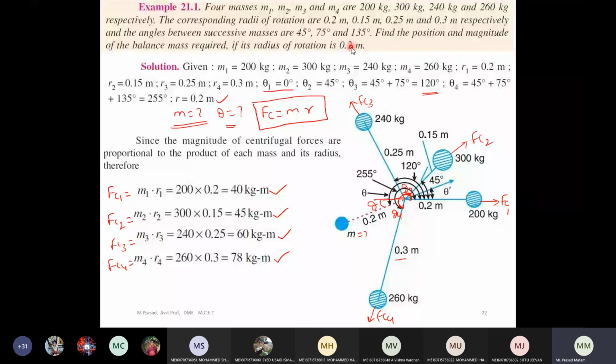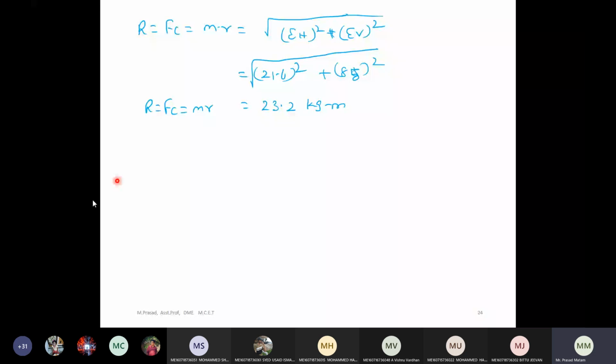Now I know this R value, 0.2 meter. If the R value is not given, in that case straight away you can take the product m into r equals 23.2. But R is given as 0.2 meter, that's why I'm writing m into 0.2 is equal to 23.2 kg meter.